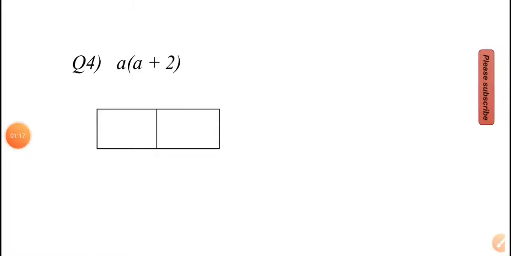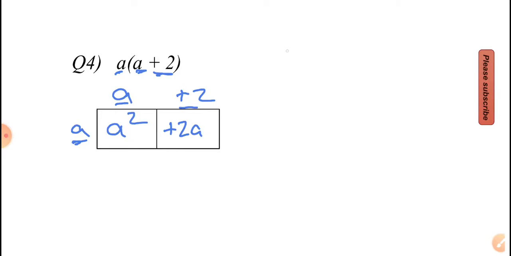So with question 4, I can see a, so I write the a here. I can see a plus 2, so I write the plus 2 here. So that's just whatever I found inside the bracket, and this a will come here on the side here. So what's a times a is a square, and what's a times plus 2? Well, that's plus 2a.